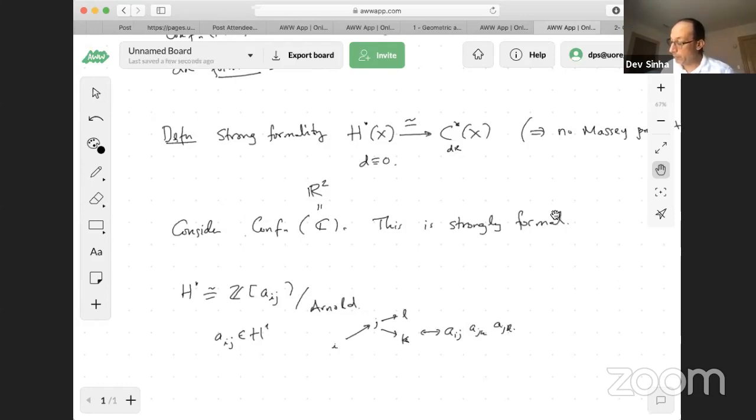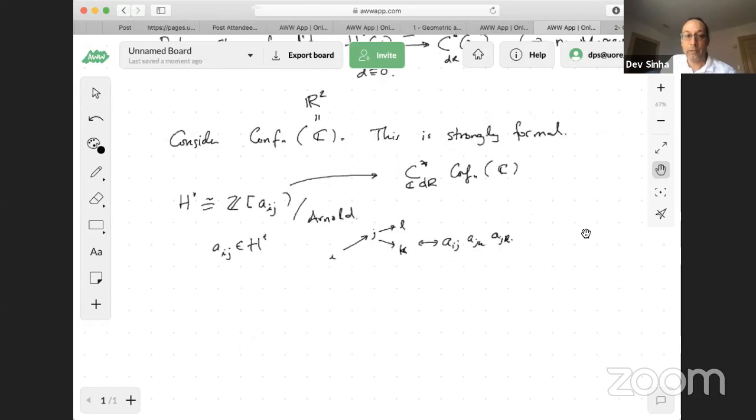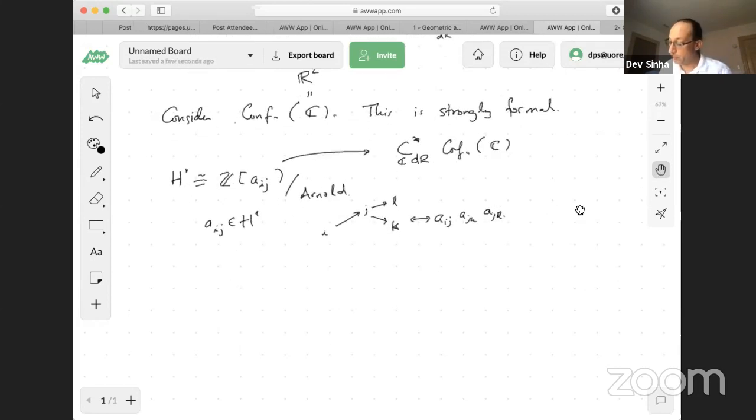So in this case, I can map it to the cochains, the de Rham cochains, but I'm going to use complex valued functions of configurations of endpoints in the complex numbers. And what we're going to do is send Aij to the form, you can write it a couple of ways, d log of, so again, the configuration space is Z1 through Zn, which are distinct.